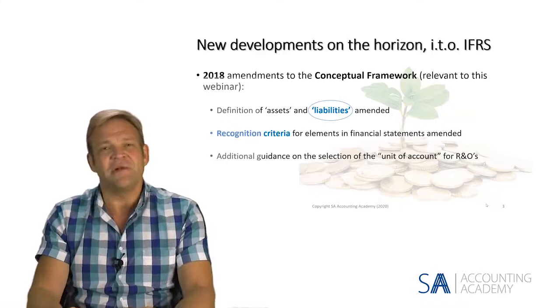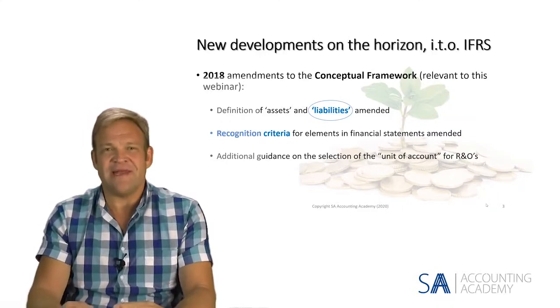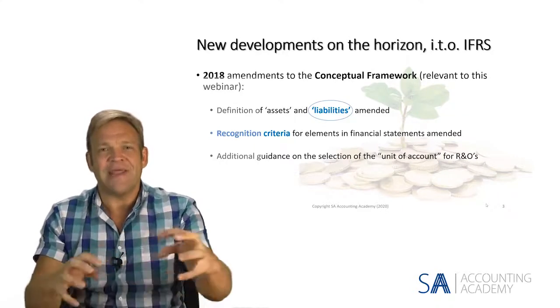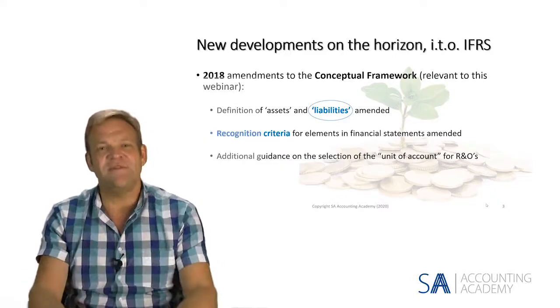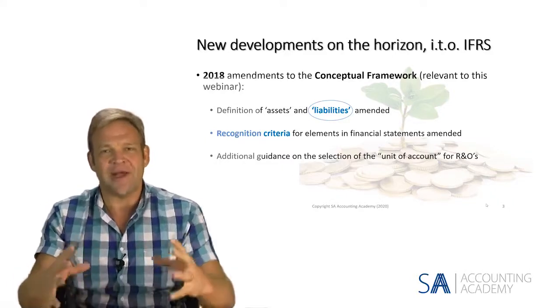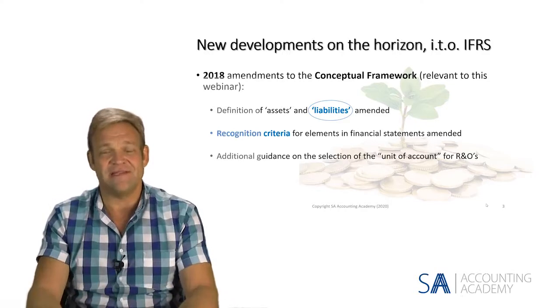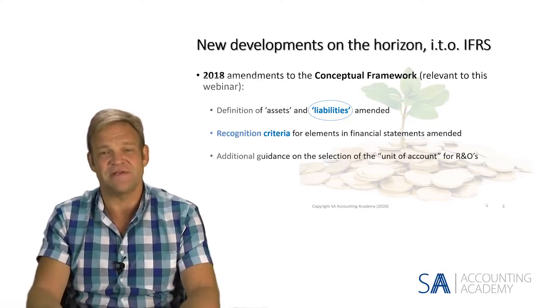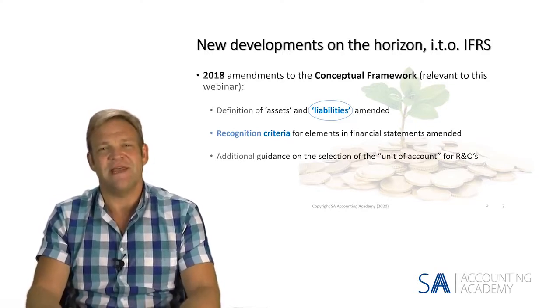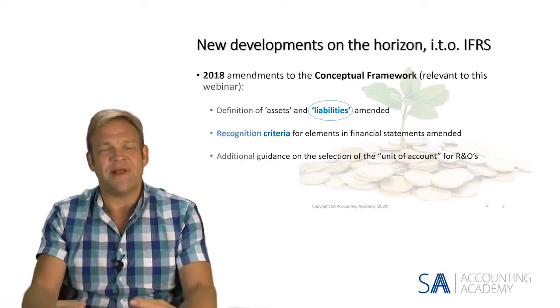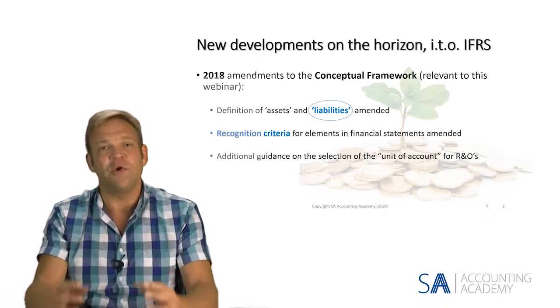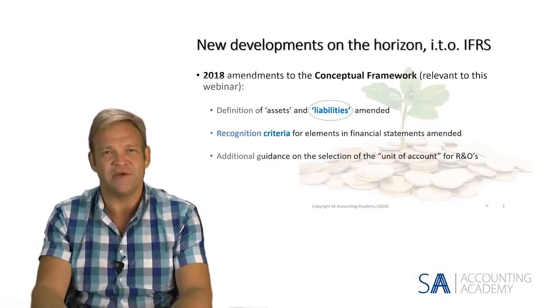So additional guidance is a natural consequence of breaking up this asset into various rights and looking at rights and obligations that exist in terms of these new definitions. So the question that arises then is, do I then separate the rights out of these assets and account for them separately, or do I still account for them as one unit of account?